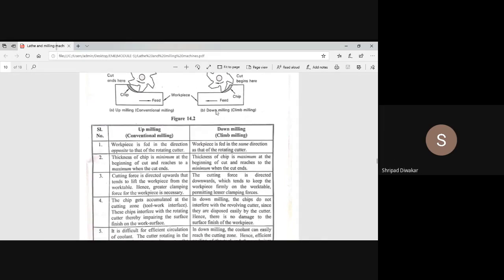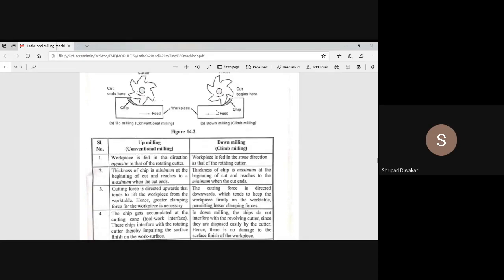Okay, and one more thing, it is very difficult to remove the chip in case of up milling, because a large amount of clamping force is required. It is very difficult for the chip to escape from the process. On the other hand, the chip removal is very easy in case of down milling.